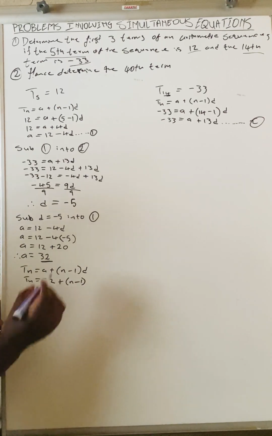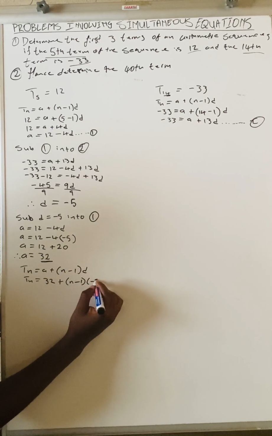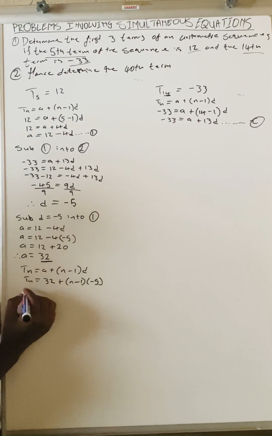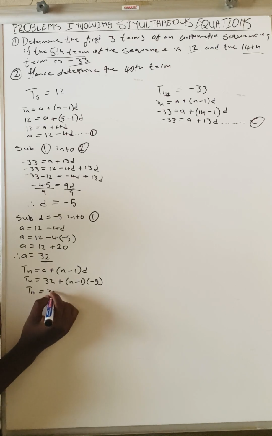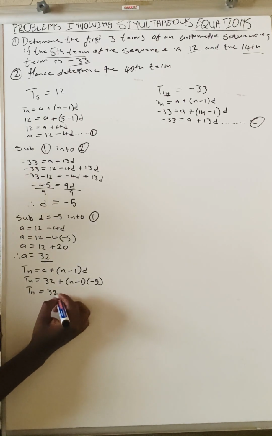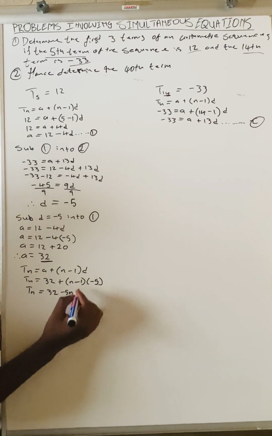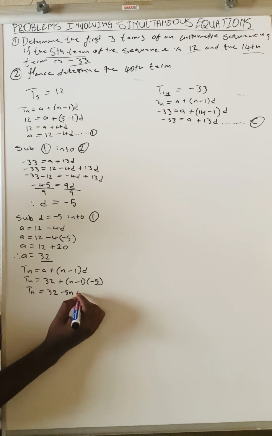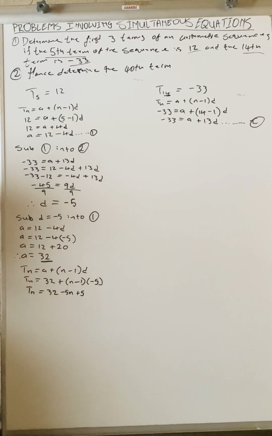What is your d? Negative 5. Then Tn is equal to 32, negative 5 times n is negative 5n. Negative 5 times negative 1, you get positive 5.